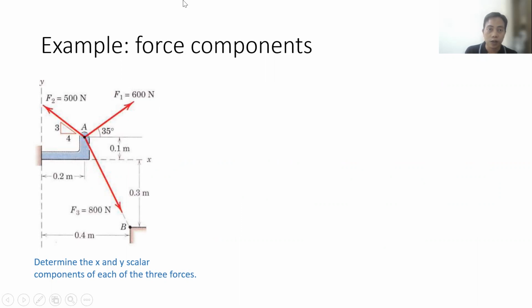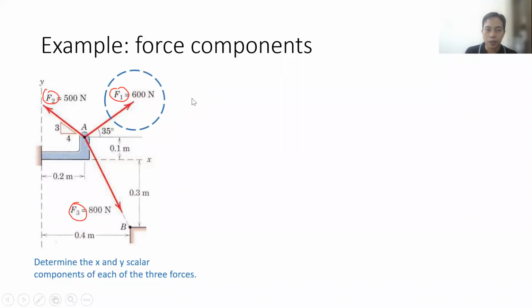So we can call F1, F2, and F3 the concurrent forces, okay, because they share the point of application. Then how do we obtain the components of each force here, and where do we have to draw the components?